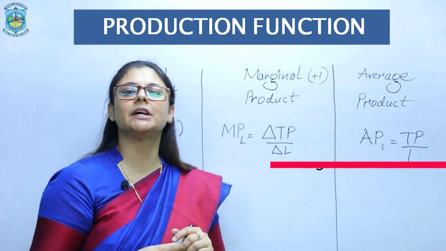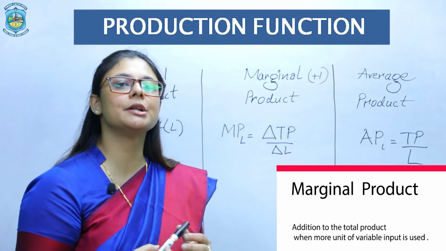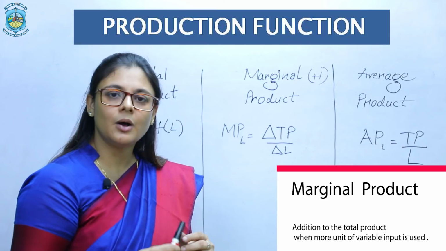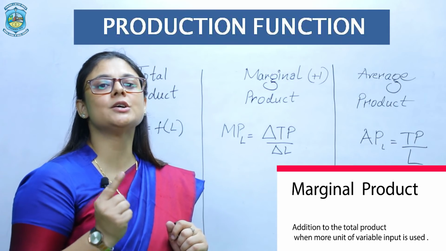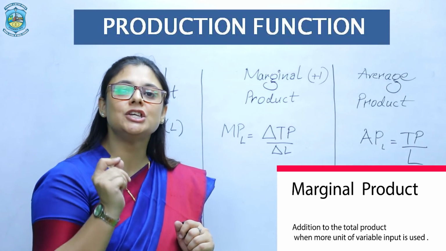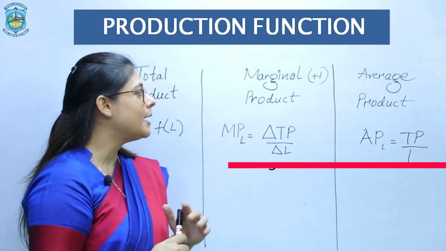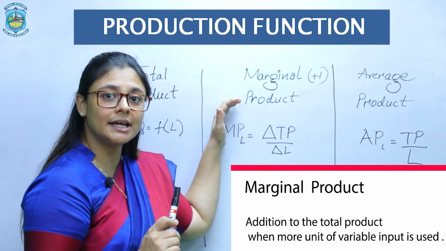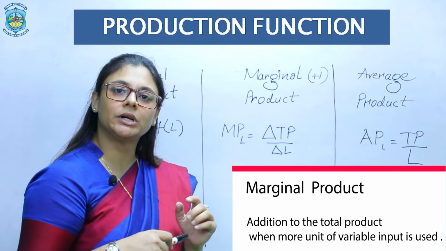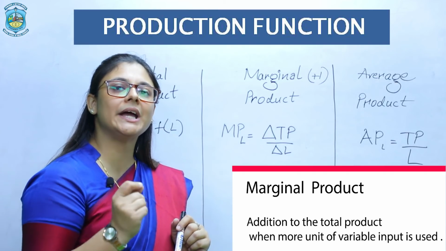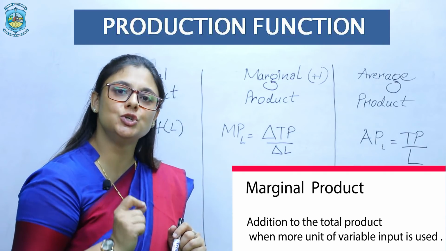In simple terms, we can also explain marginal product as the addition to the total product when one more unit of a variable input is used in the production process. I repeat myself, marginal product is nothing but the addition to the total product when one more unit of a variable input is used.